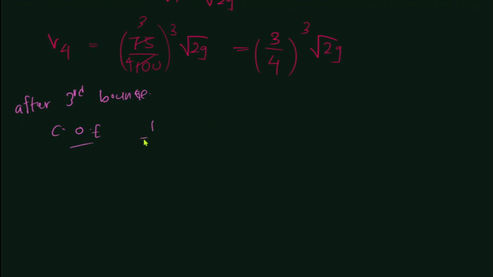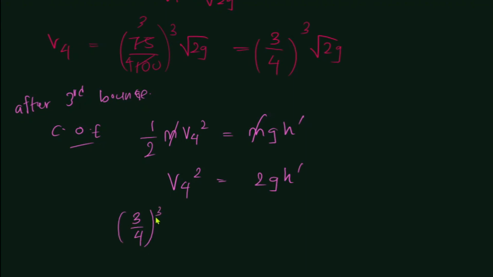In that case, the initial kinetic energy was half m V4 squared, and it reaches a maximum height of h dash, so mgh dash. So m to m cancels. V4 squared is equal to 2g h dash. What's V4 squared? We need to square 3 over 4 cube root 2g.